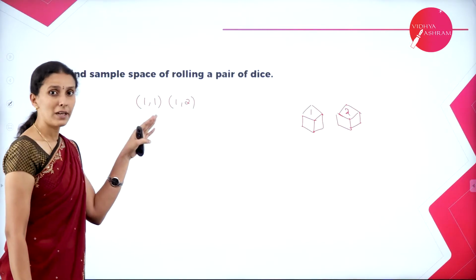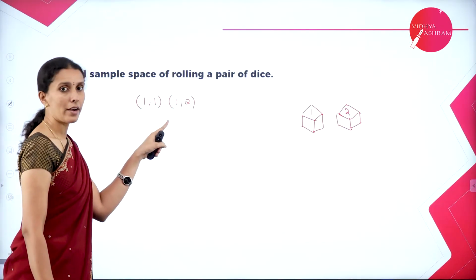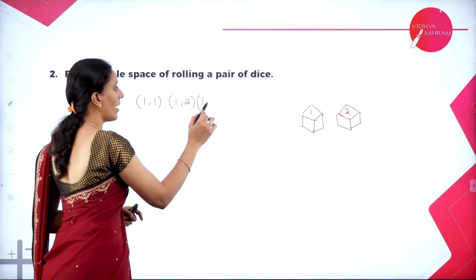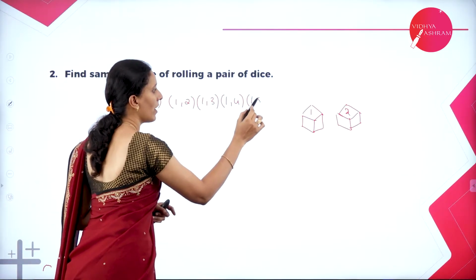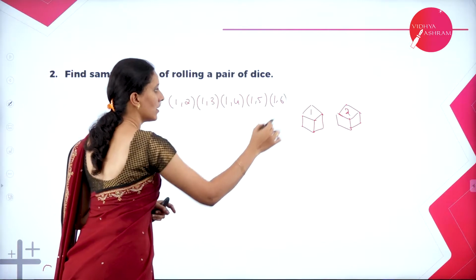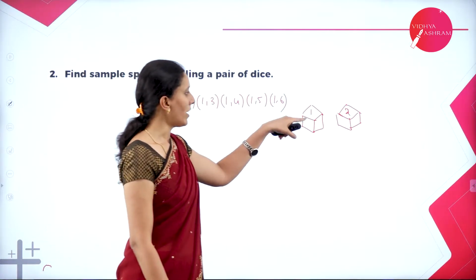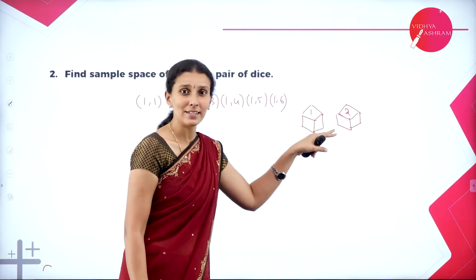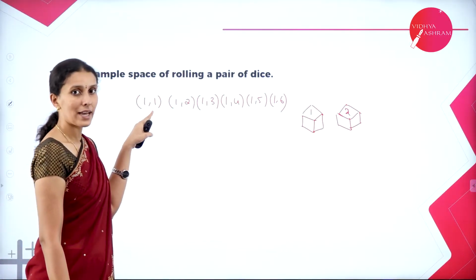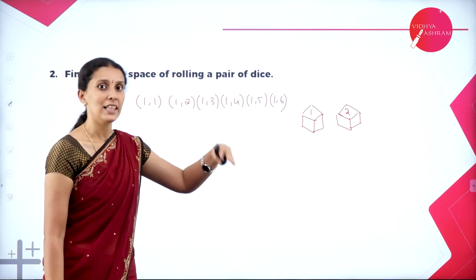So the possibilities I can take here are 1, 1, 1, 2, 1, 3, 1, 4, 1, 5, 1, 6. Fix the first one, and just rearrange the other die. You may get 1 on the first die and 2, 3, 4, 5, 6 on the second die.